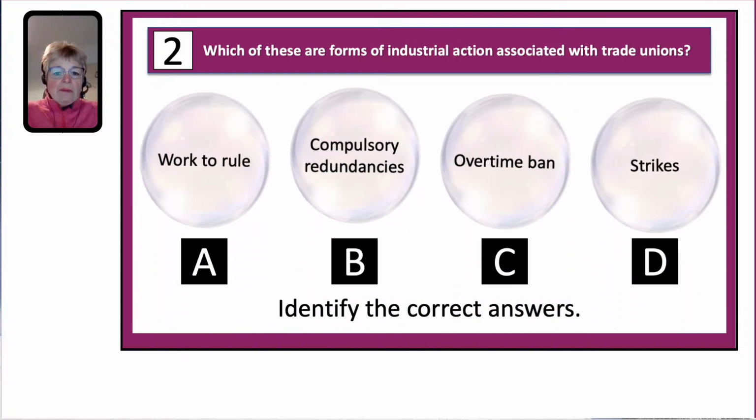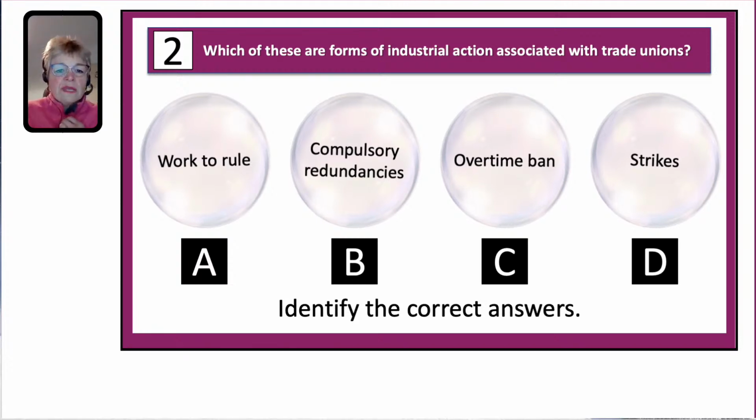Okay, number 2. Which of these are forms of industrial action associated with trade unions? We talked about trade unions a little bit earlier. So industrial action is what the collective trade union get involved with when they act together to counteract the power of the employer.